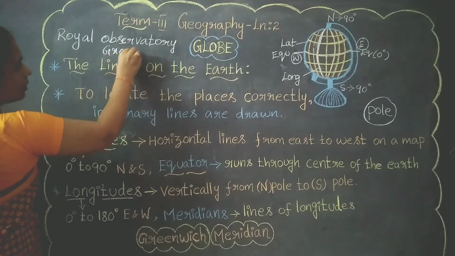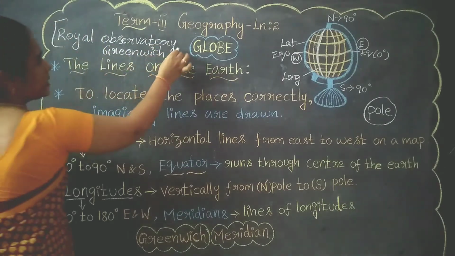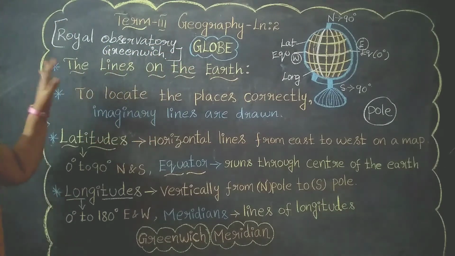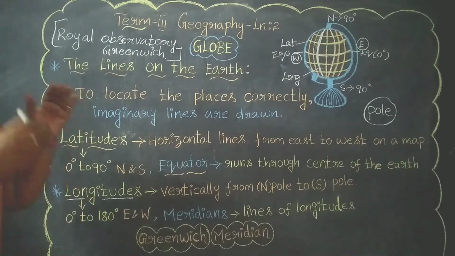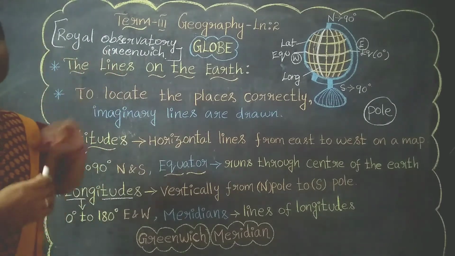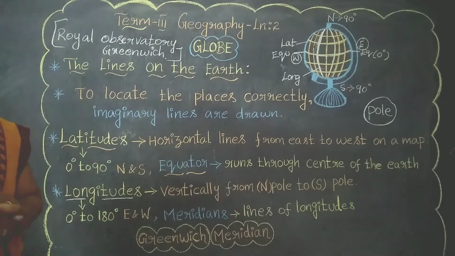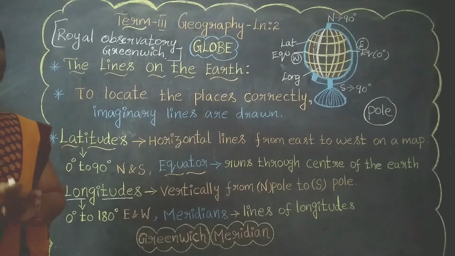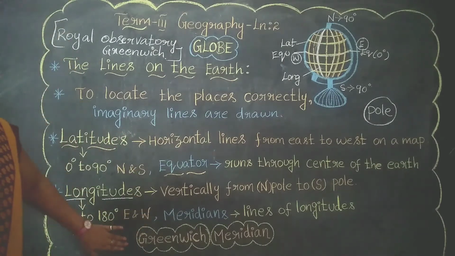Yes, the old Royal Observatory, Greenwich, which is in London. It is a clock, which is used to see the exact time. It always shows the time. So that is the Greenwich.